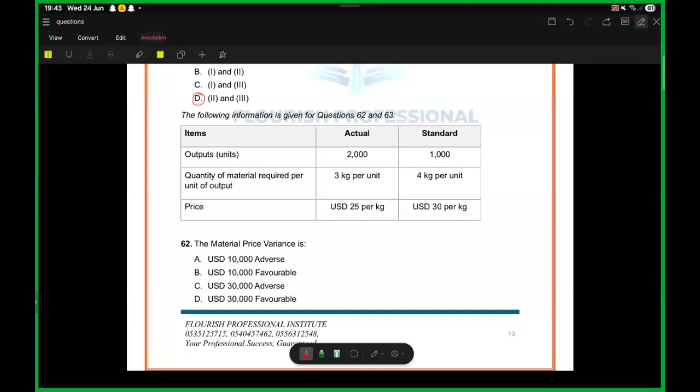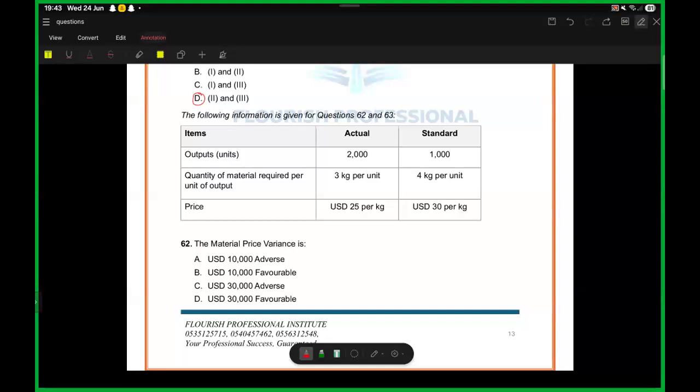Price: actual is 25 USD per kg and standard is 30 USD per kg. 62. The material price variance is A, 10,000 USD adverse, B, 10,000 USD favorable, C, 30,000 USD adverse, D, 30,000 USD favorable.